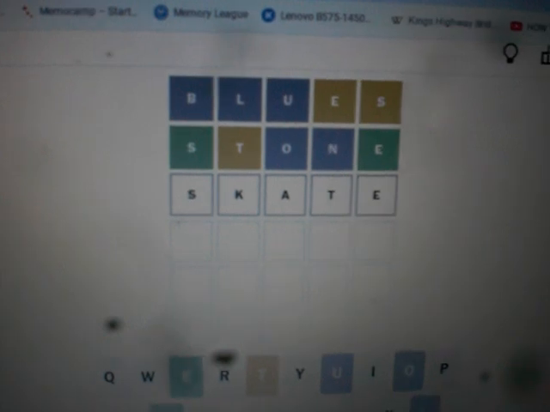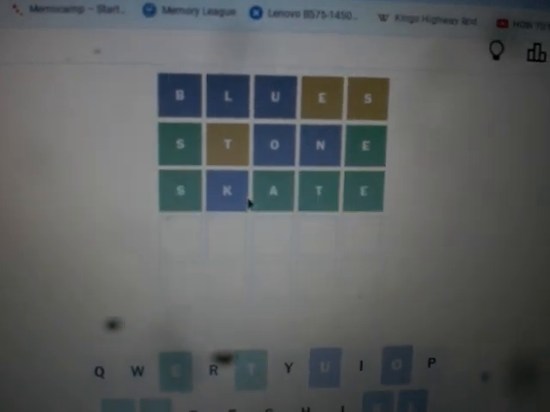O, P, Q, Q-U, R-S-T, U-V-W, X-Y-Z. So I think we're going to go with skate. Not seeing a lot else there. Don't want to guess that K, but we should get the T here. But let's get... Oh!